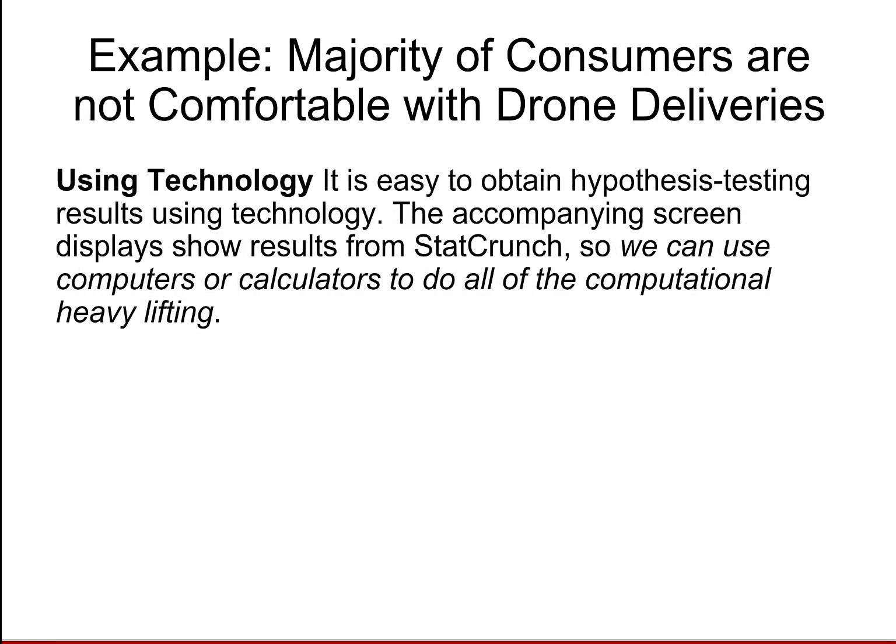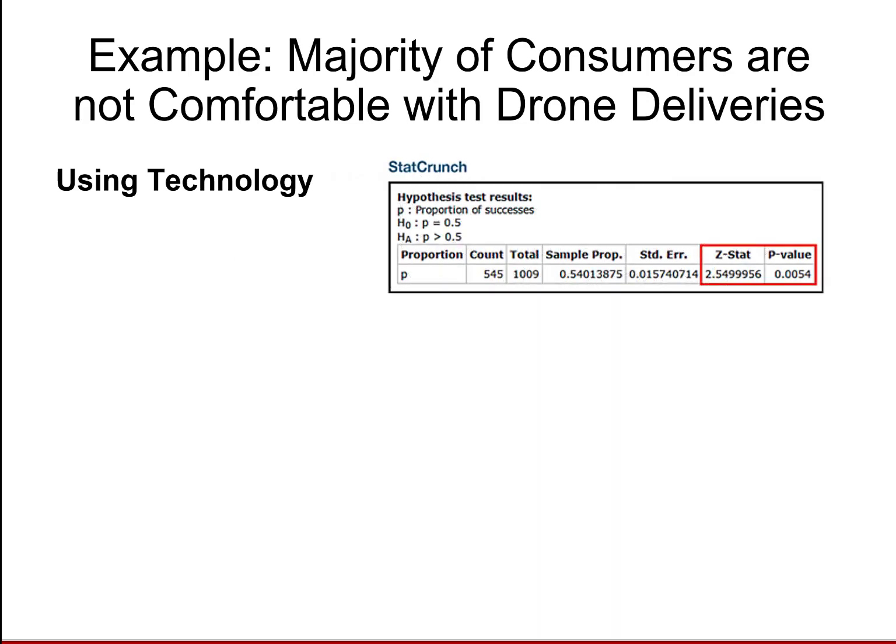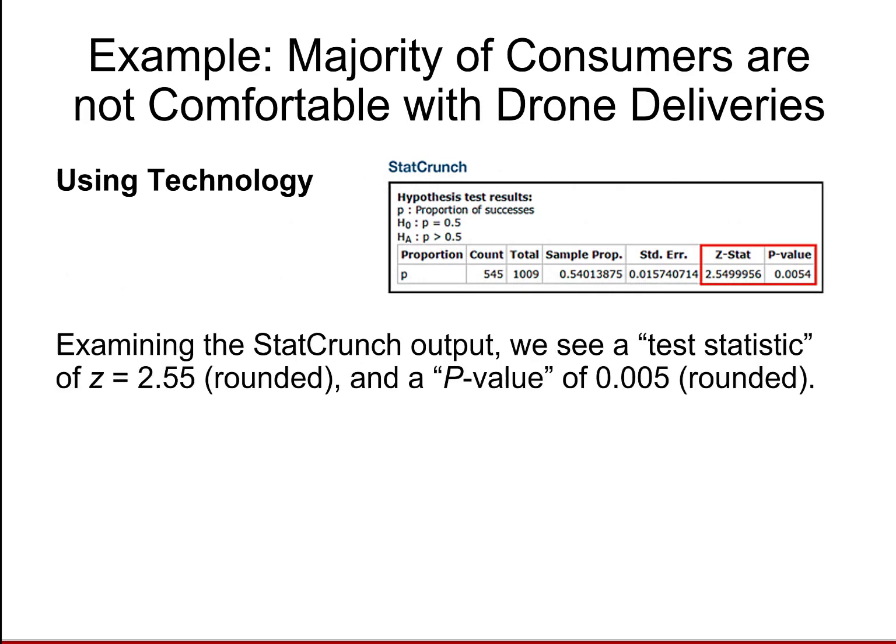It's easy to obtain hypothesis testing results using technology. The accompanying screen shows results from StatCrunch, so we can use computers or calculators to do the computational heavy lifting, using technology, which is what we're going to stress in this course. So here's some output from StatCrunch, and we'll learn about this further in sections 8.2 and 8.3.